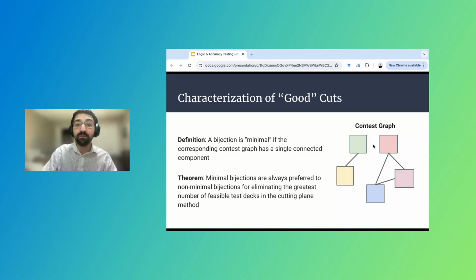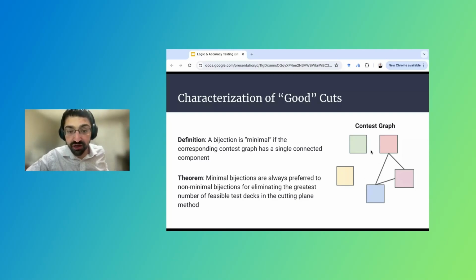We prove that if you have an incorrect bijection that would have gone undetected and it's not minimal, and you compare it to that same incorrect bijection, but where you remove all but one of the connected components, then that minimal bijection will eliminate at least the same set of test decks from the problem we wish to solve, but may also eliminate more. Said another way, it's like in a Pareto sense, always better to choose a minimal incorrect bijection over a non-minimal one.